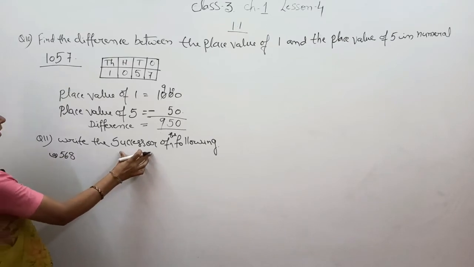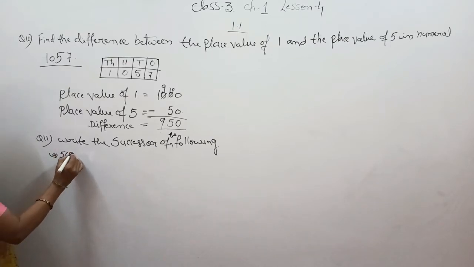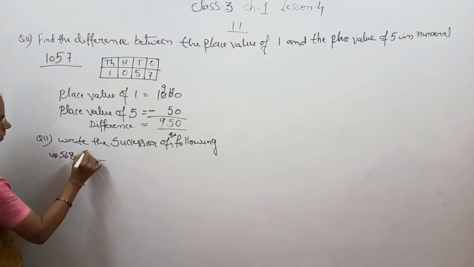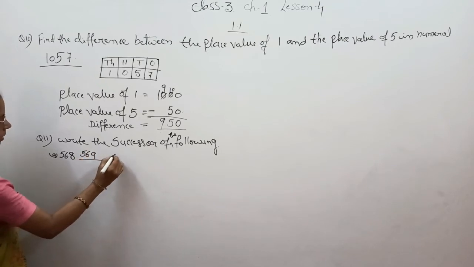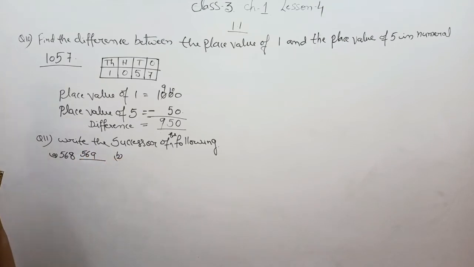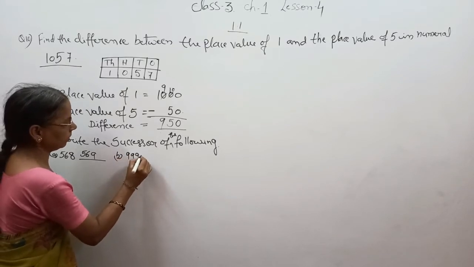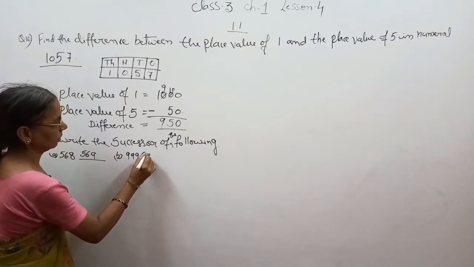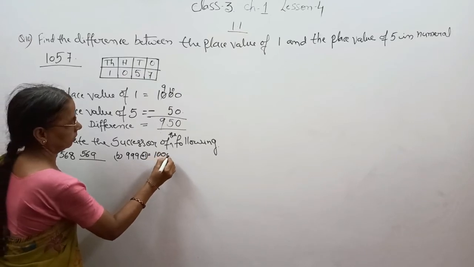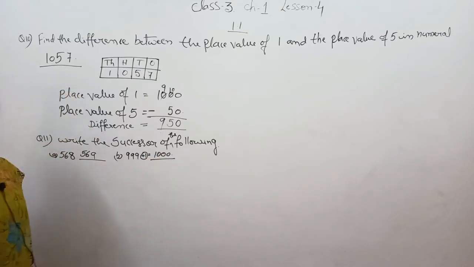What is meant by successor? After the given number, that is plus 1, it will be 569. Then next, 999. 999 plus 1 equals 1000. The successor number is 1000.